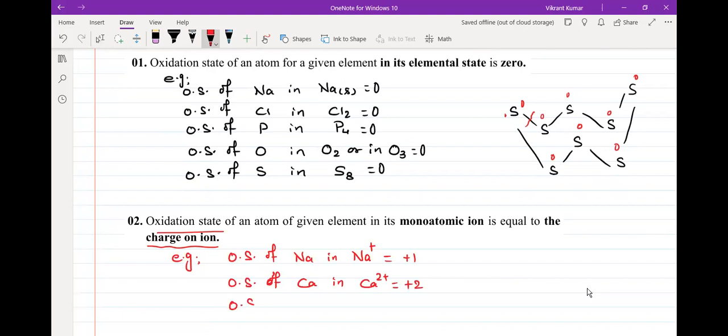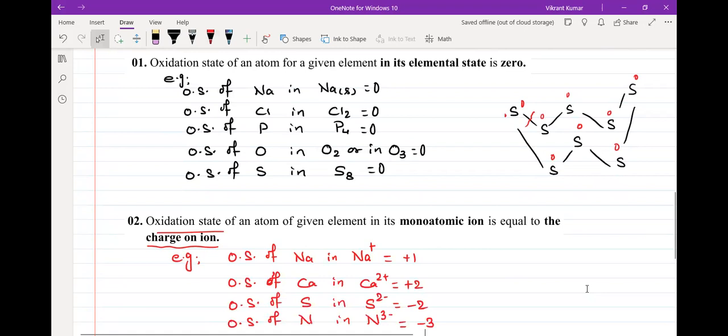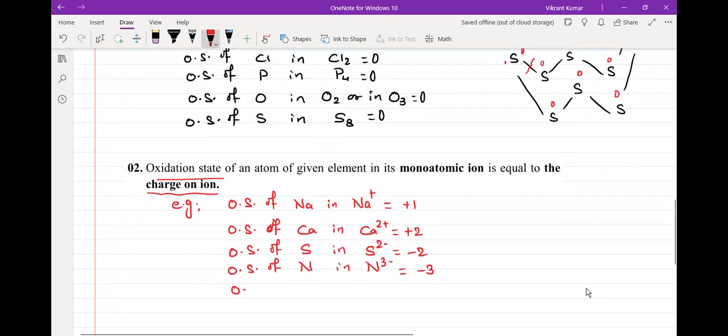Now you tell me the oxidation state of sulfur in S2-. Minus 2. Oxidation state of nitrogen in N3-. Minus 3. Oxidation state of H in H+ and of H in H-.